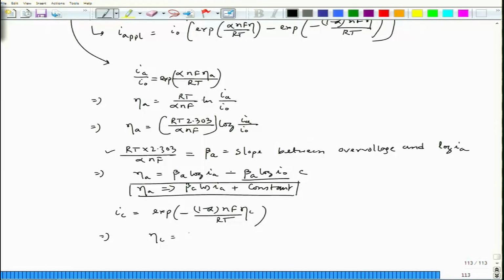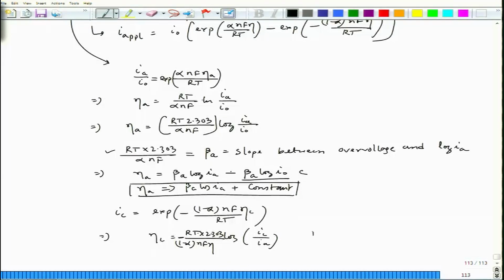You would get eta C equal to RT by (1 minus alpha) nF into 2.303 times log Ic by I0, with a minus sign.